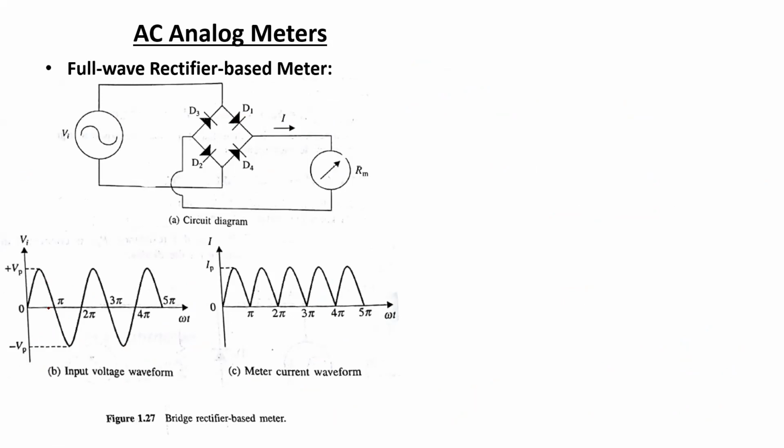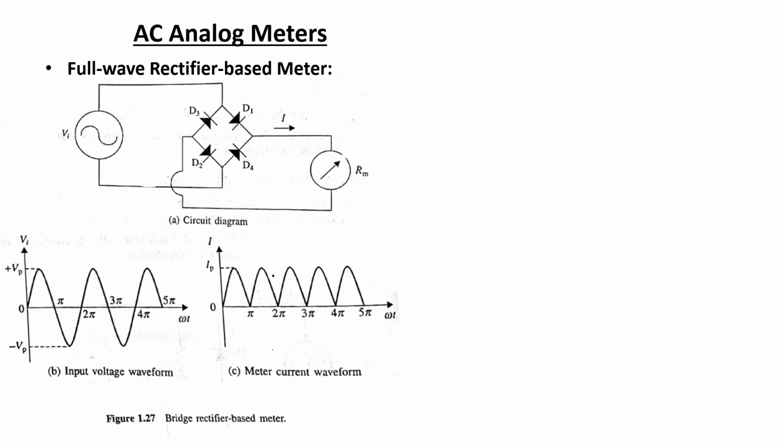As a full bridge rectifier is used, the input voltage wave shape is going to be rectified, and a rectified current wave shape is obtained which has positive cycles for the positive half of the input voltage and also for the negative half of the input voltage.